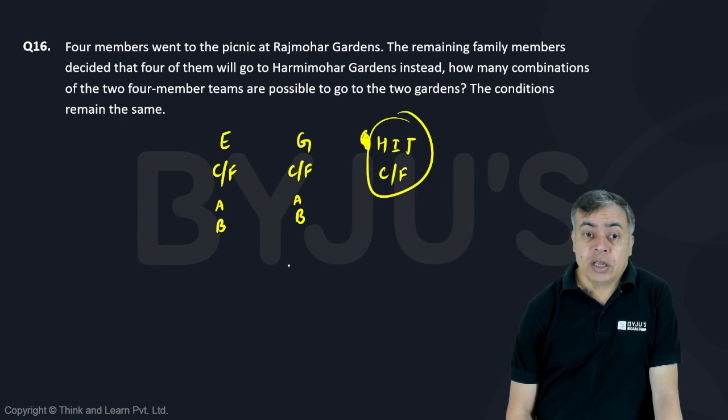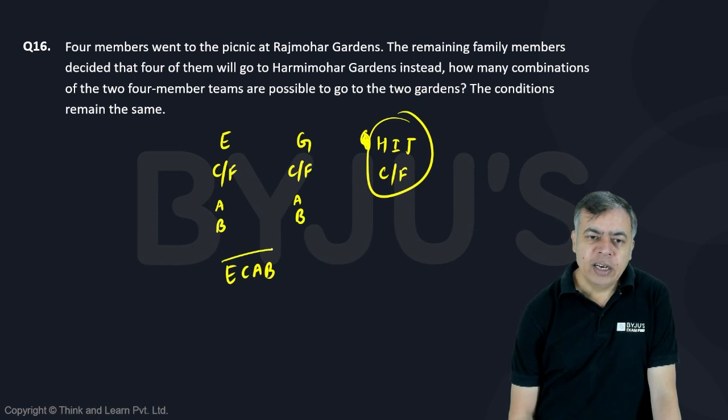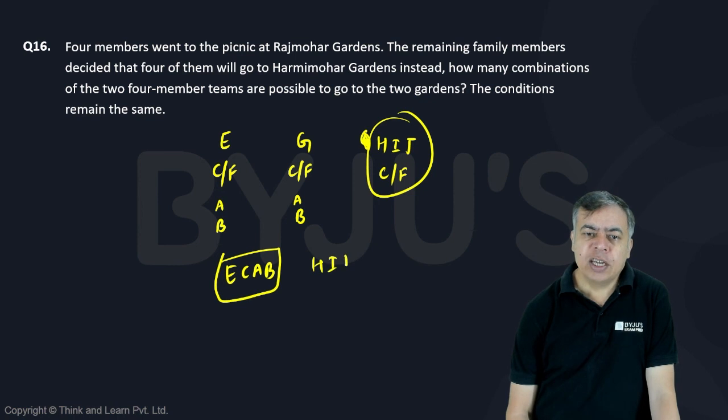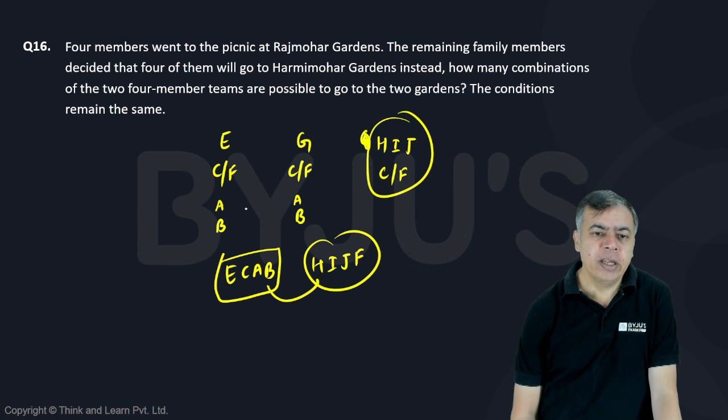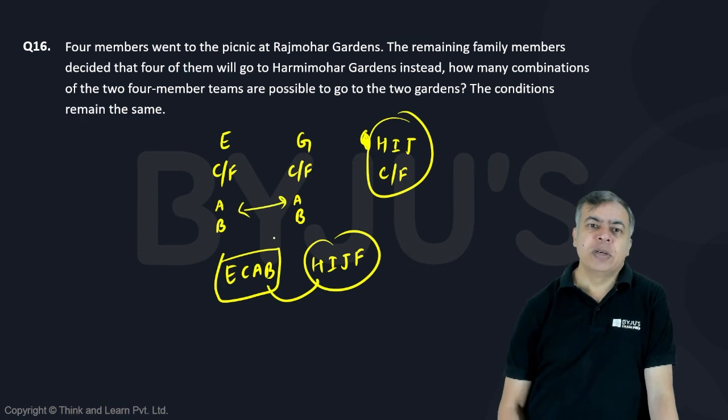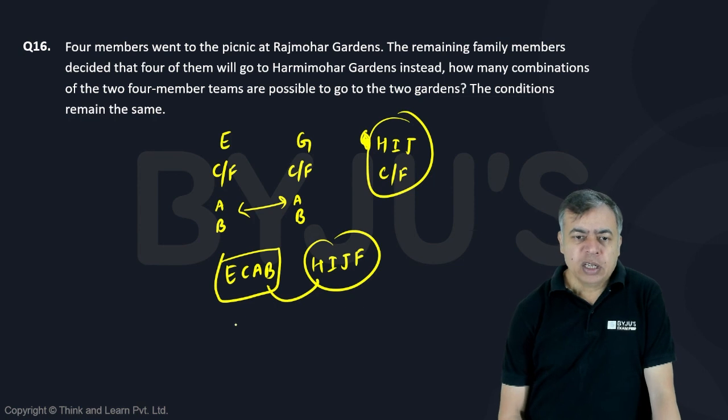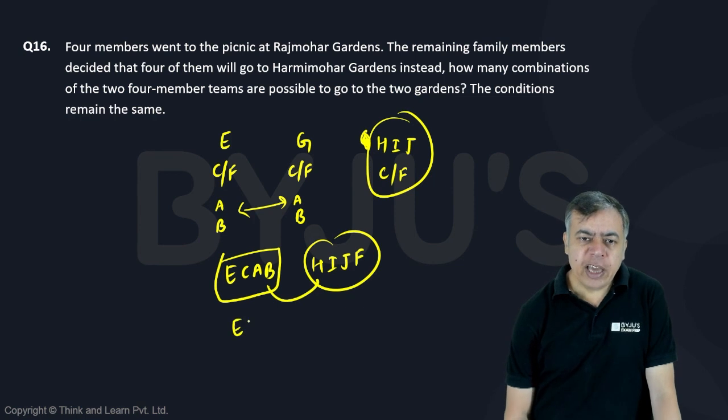Right, and now if you take the first 4-member team as ECAB, the second 4-member team can only be HIJ with F, because AB in both you cannot have, since that should be a separate team. If you take EFAB, then you can have HIJC.